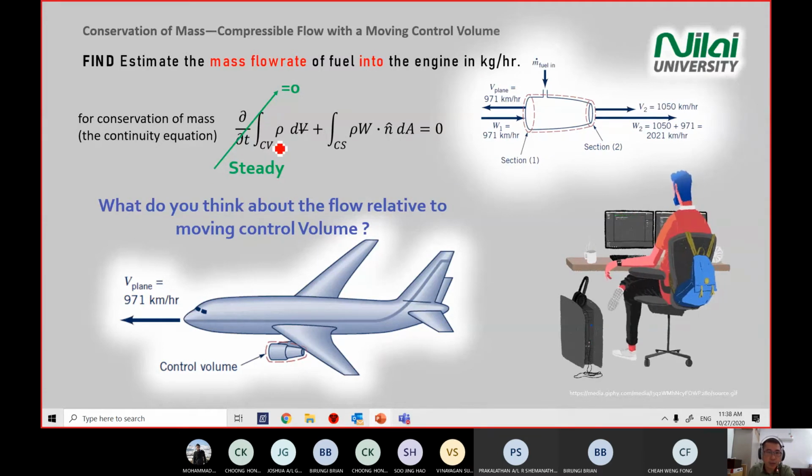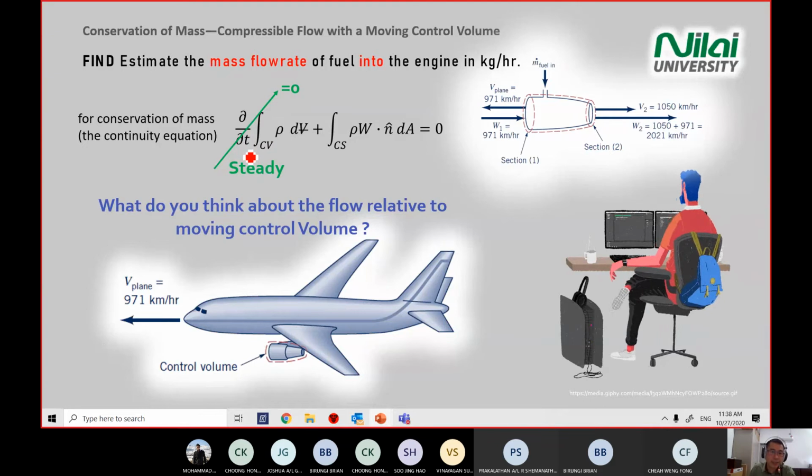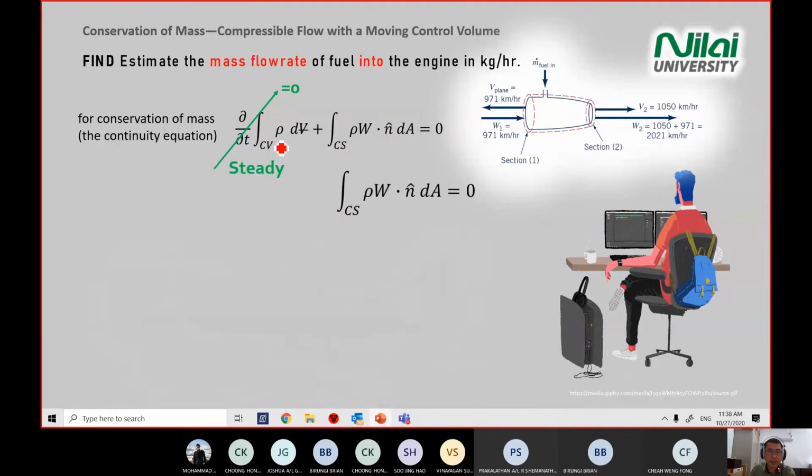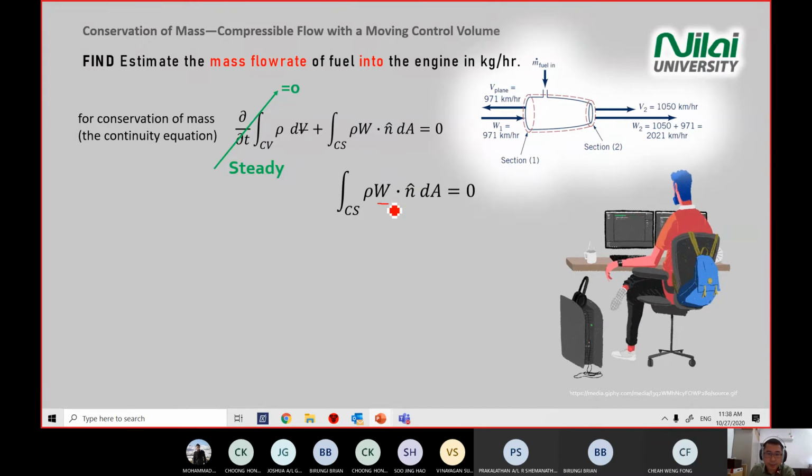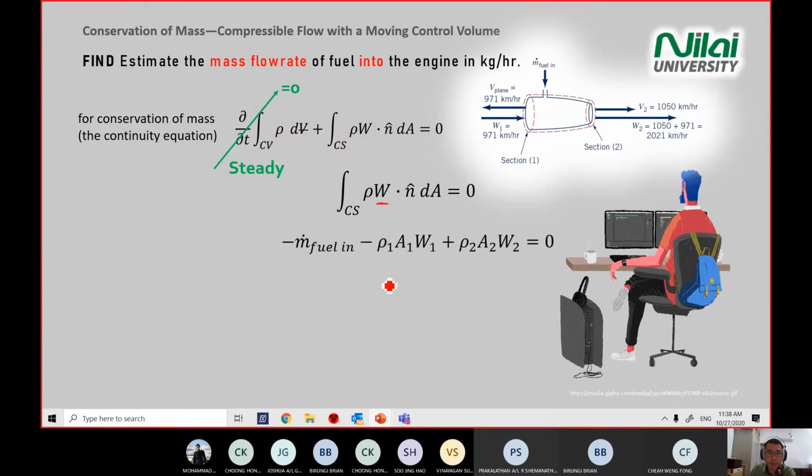The control volume component will be 0 because it's steady. Then we only have the control surface component with the relative W here.